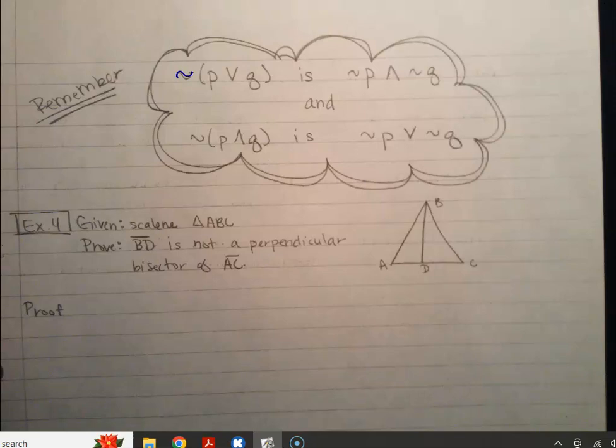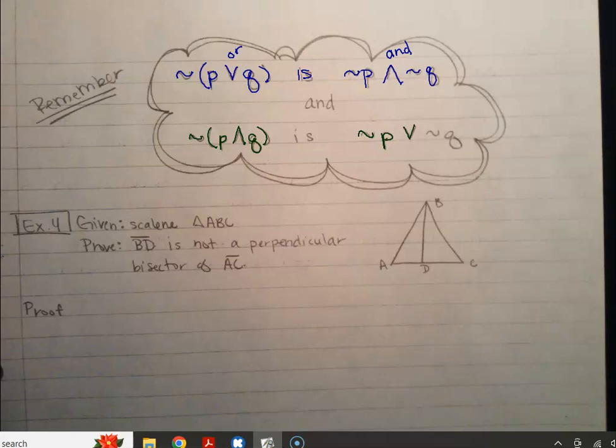Okay. All right, so first of all, remember, we've got this big remember statement here. Remember that not (P or Q) is the same thing as not P and not Q. So if we're negating P or Q, we have to get not P and not Q. Now, if we're negating P and Q, then that is not P or not Q. So if the and is here, then the or is here in the negation.